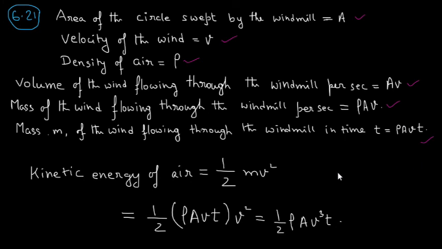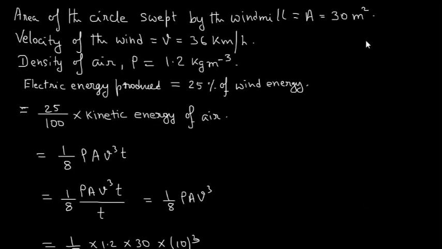Kinetic energy of air is equal to half m v square. Putting the value of m, that is half rho A v t v square, that is half rho A v cube t. Area of the circle swept by the windmill A is equal to 30 meter square. Velocity of the wind v is equal to 36 kilometer per hour.